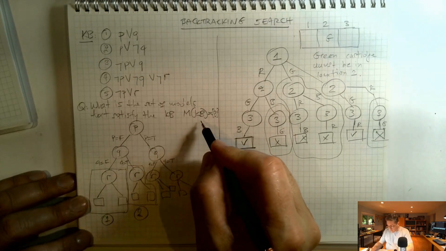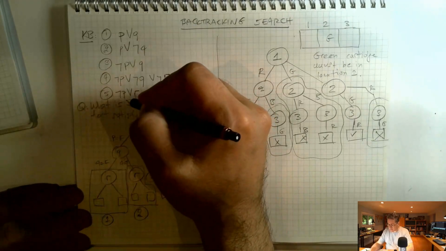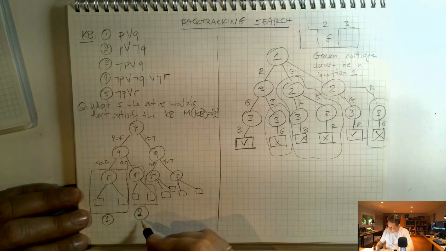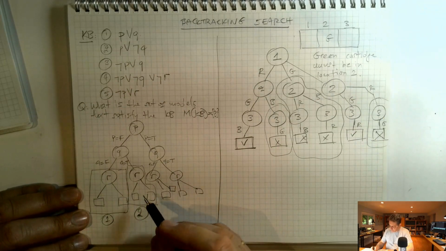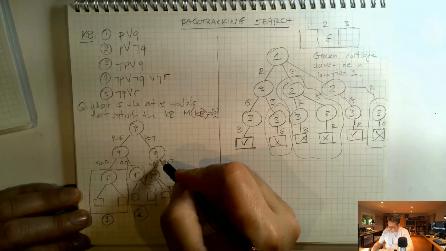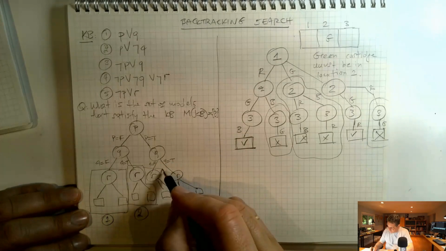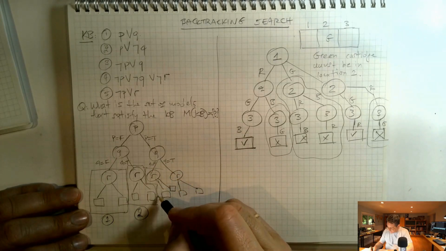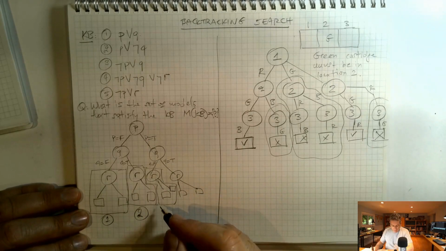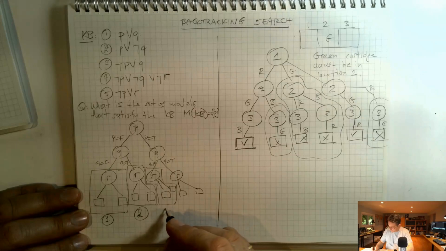In order for the knowledge base to be satisfied, all of the sentences need to be true. And therefore we are not going to expand that one because it's false. And then this whole branch over there is also not going to be expanded, and this is because of sentence 3.